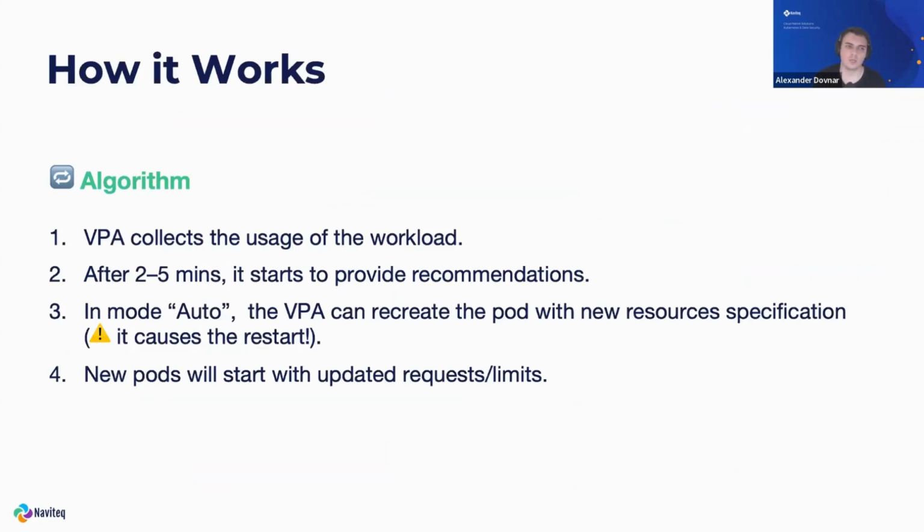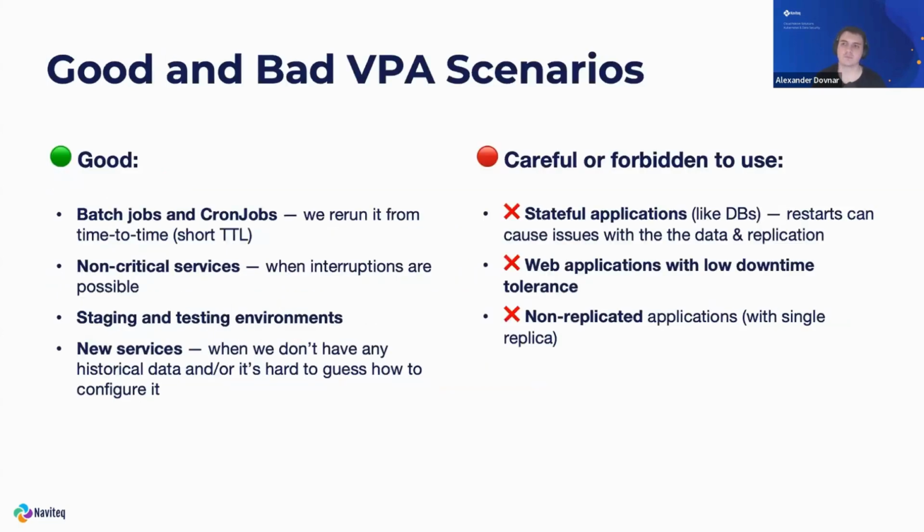So we always ask our clients before deciding to enable VPA in auto mode whether they are ready. From our experience, really good use cases for VPA are things like batch jobs, cron jobs, non-production environments. It works perfectly fine even in auto mode.